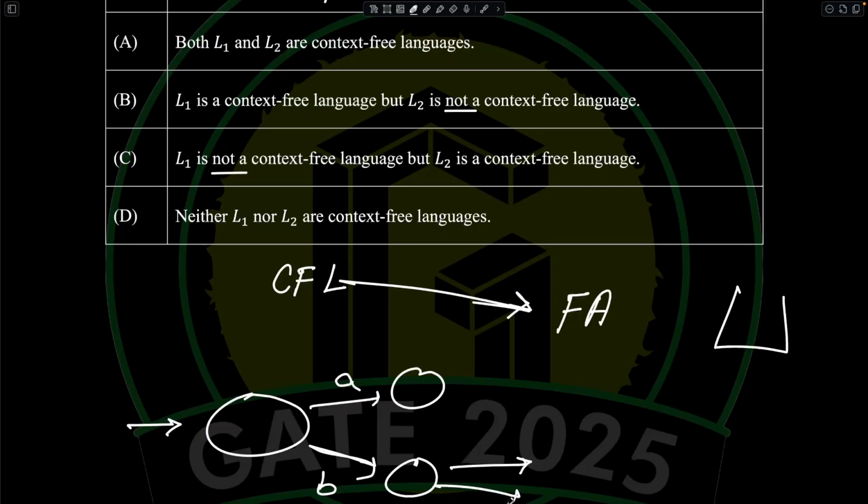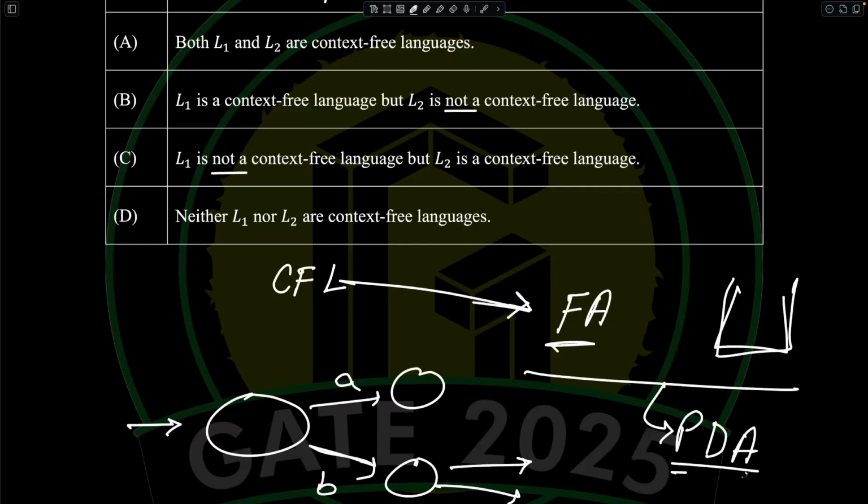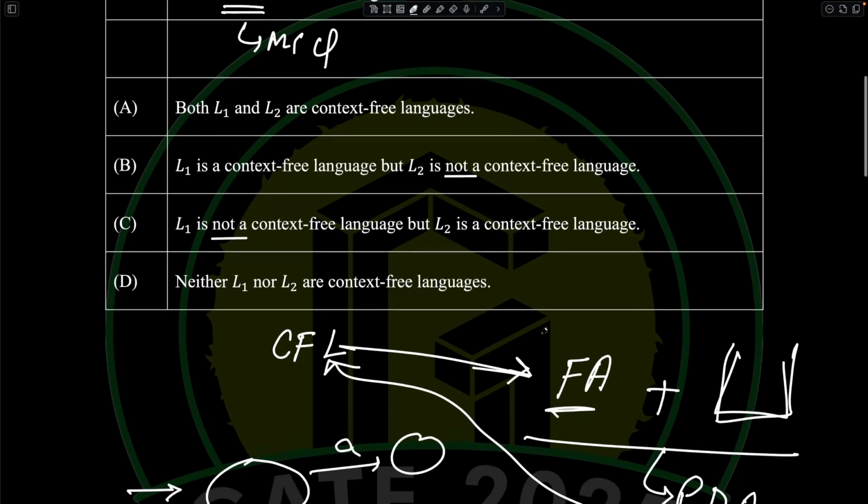Now, these machines don't have memory. The only memory they possess is the current state. So this capacity of a finite automaton is limited, so a stack was added to it, and the resulting mechanism is a pushdown automaton. A pushdown automaton is a machine that accepts context free languages. That is the funda of context free languages.